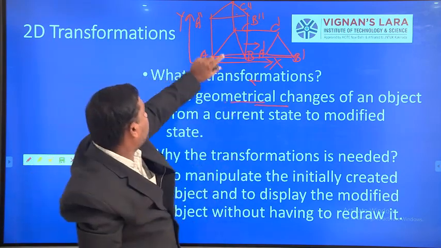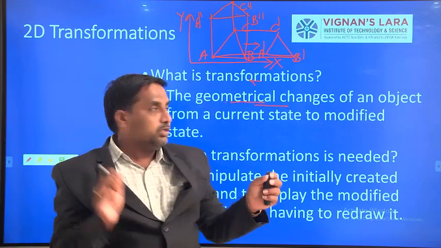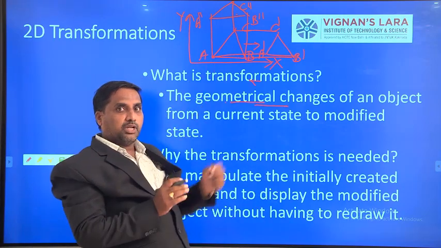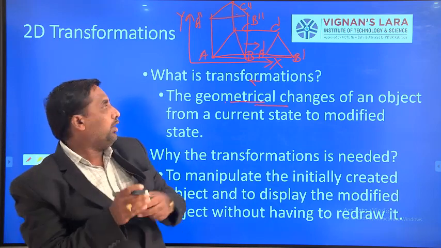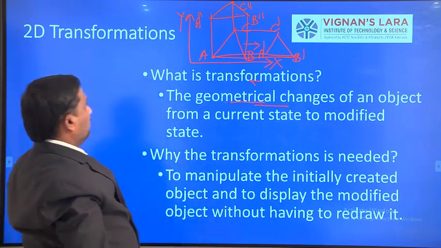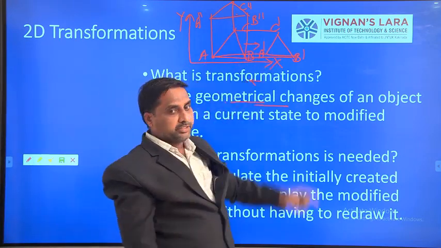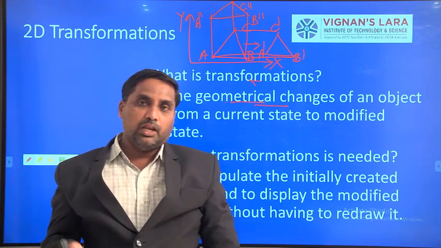Similarly, we can rotate this triangle. Similarly, we can scale, and scaling means either enlarging or diminishing, reducing the size of the image. So these are called translation along the X direction, translation along the Y direction, rotation, scaling and mirroring.